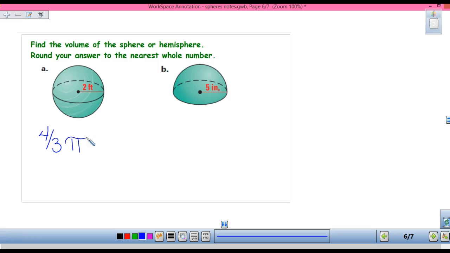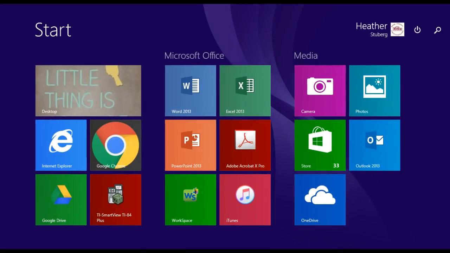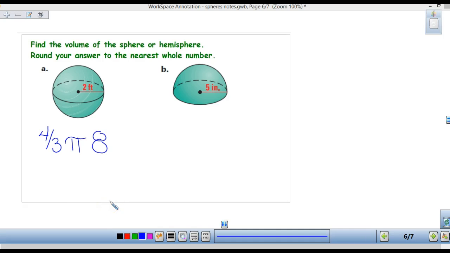What's my 2 cubed? 8. Because 2 times 2 times 2. 2 times 2 is 4 times 2 is 8. Your button on your calculator is going to be the upside down caret thing.